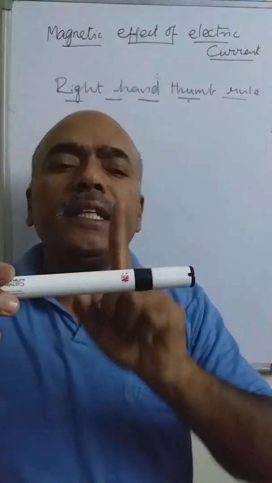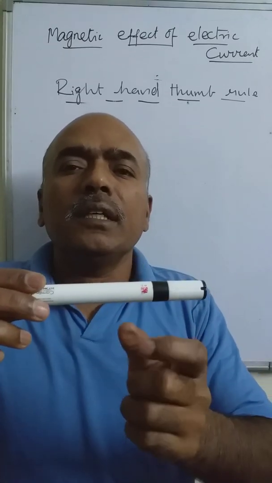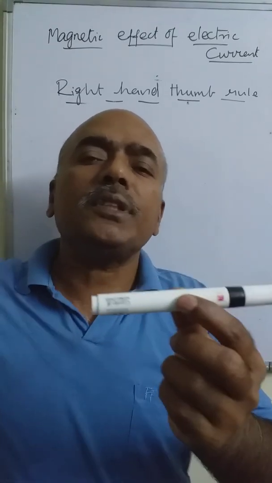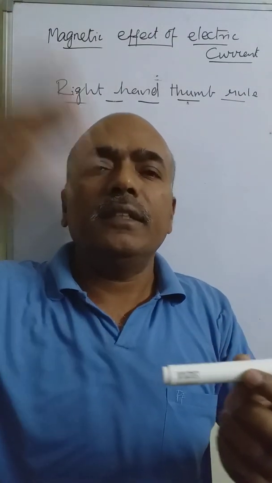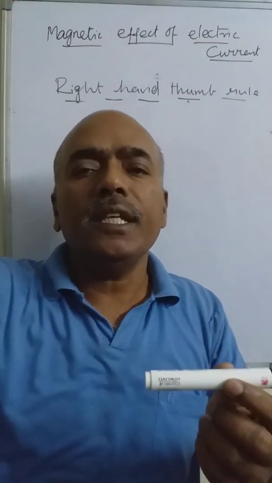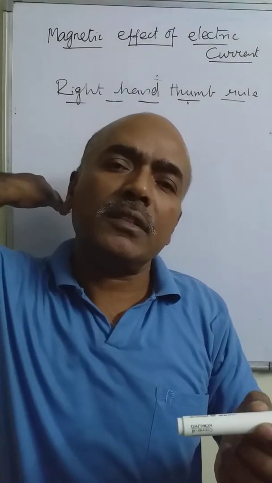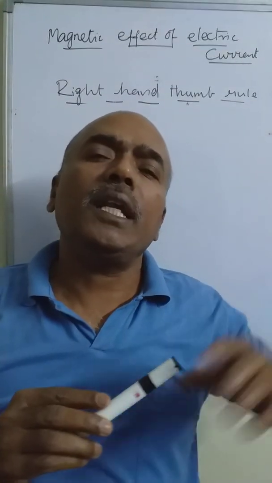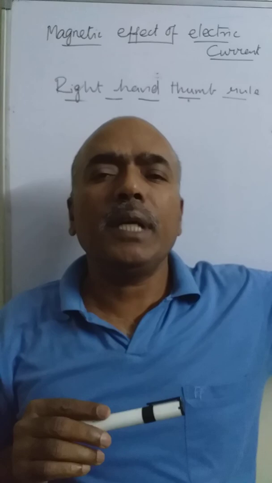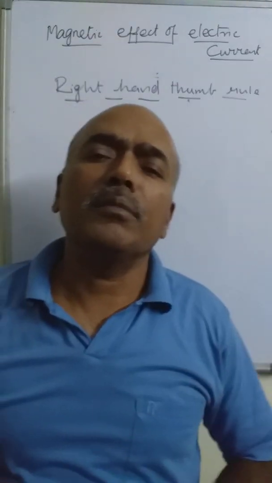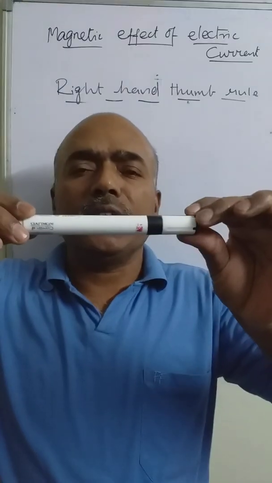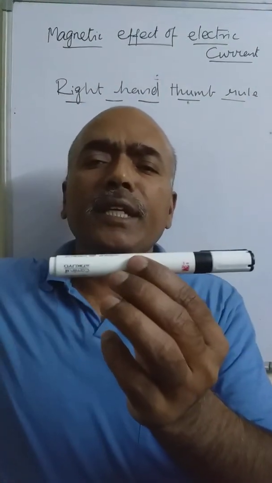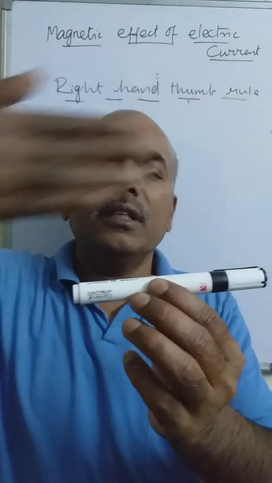It is carrying current from south to north, because the side which I am facing is east, back side is north. On my left it is north, on my right it is south. So this is the horizontal conductor carrying current from south to north.